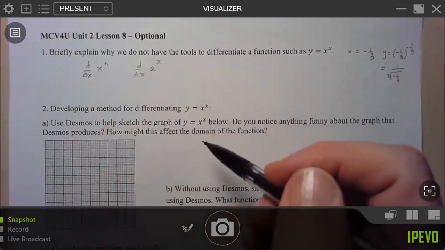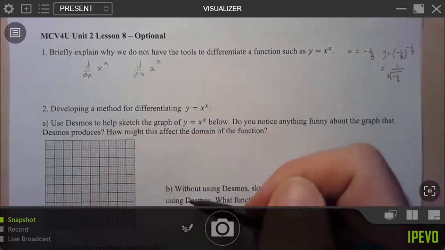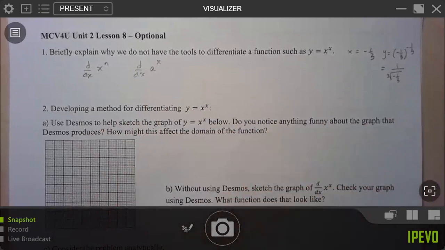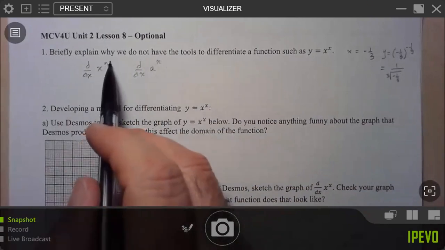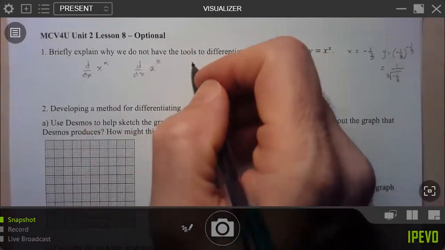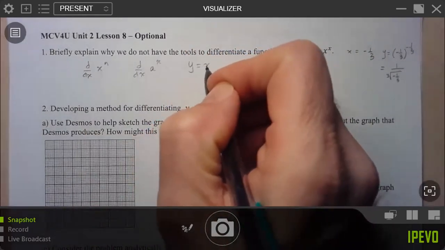And I think when we take a look at the analytical scenario, we're going to end up with something in the limit definition that looks different, that doesn't offer us the options that we had when we were looking at the derivative of x to the n, where the power was fixed, and when we were looking at a to the x, where the base was fixed.